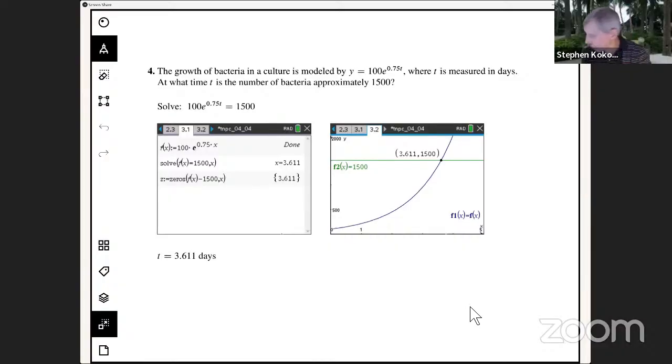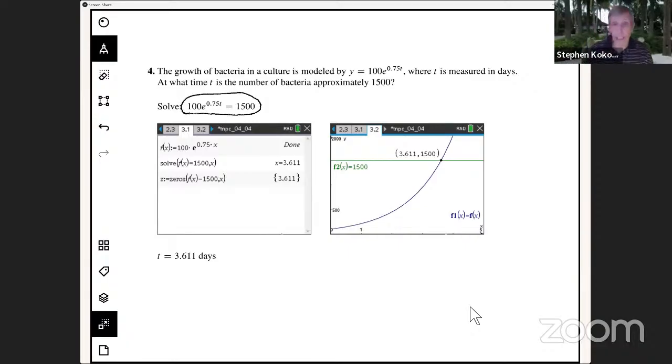At what time t is the number of bacteria approximately 1,500? So what's the concept here? We have to understand that 1,500 is the output, and we've got to figure out the input. Similar to number 1, but this problem is in context. So we have to solve this expression for t.